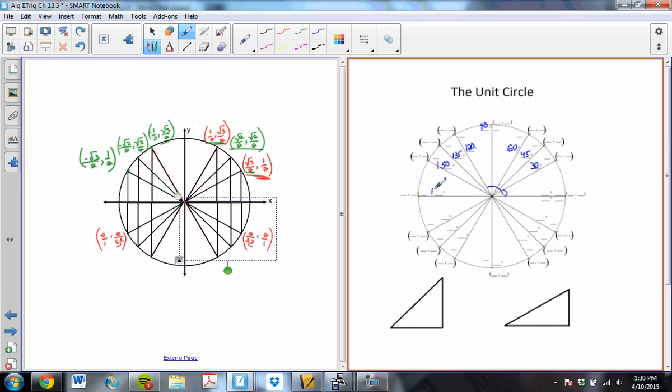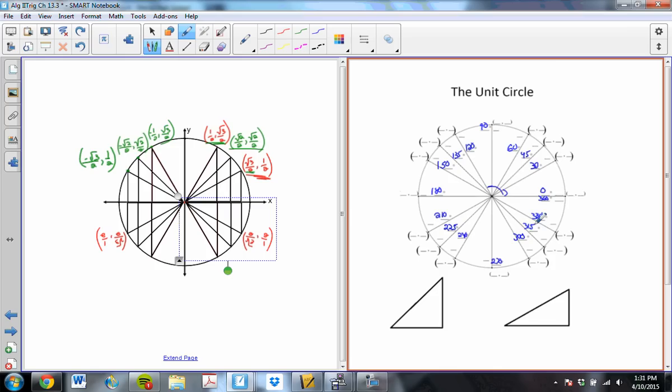Here's going to be 180, 210, I'm just going to count by 30s for a while, 240, 270, 300, 330, and 360. I've gone all the way around the circle. I'll fill in those last missing gaps. 180 plus 45 is 225, and 270 plus 45 is 315. So there are all of our angle measures in degrees.